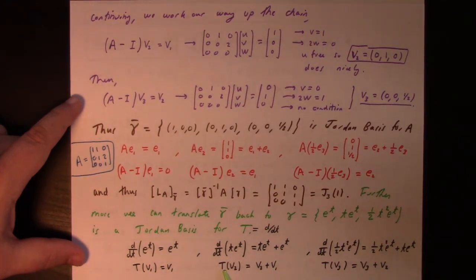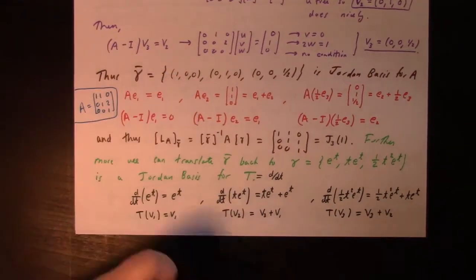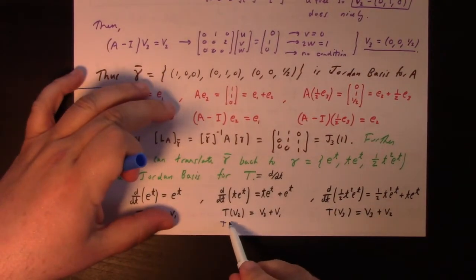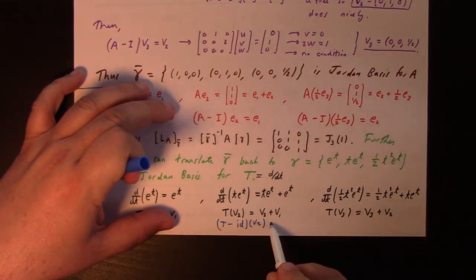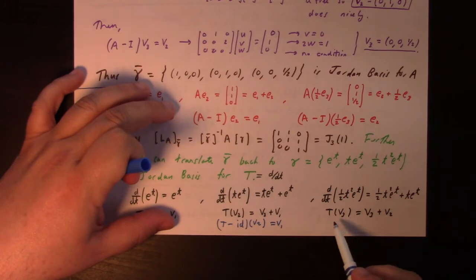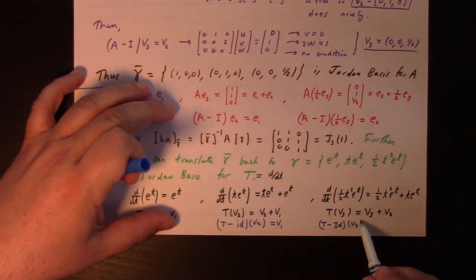See, because this right here is the same as T minus the identity map on V2 equal to V1, right? And this over here gives us T minus the identity map acting on V3 equals V2.